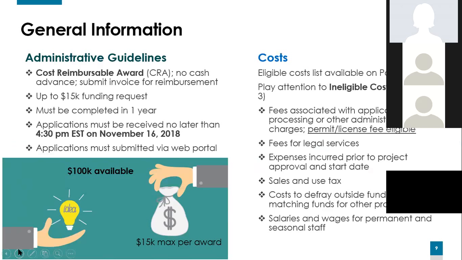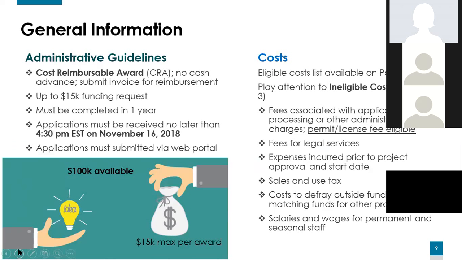Ineligible costs include things like, and I need to make the caveat that there might be some projects that require getting a permit or a license. Now, if that is relevant for your case as an applicant, please be aware that the cost of the permit is an eligible cost. You can claim it in your budget.